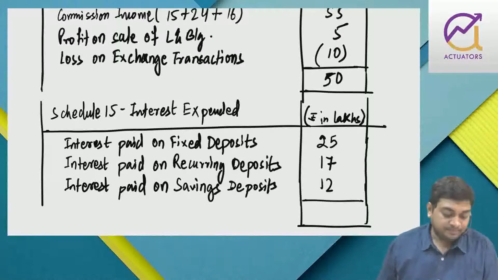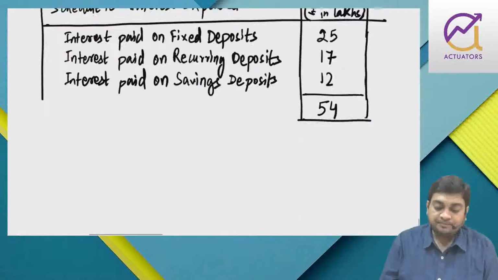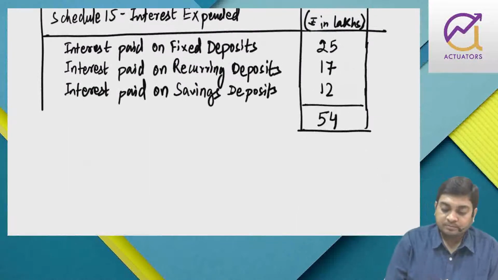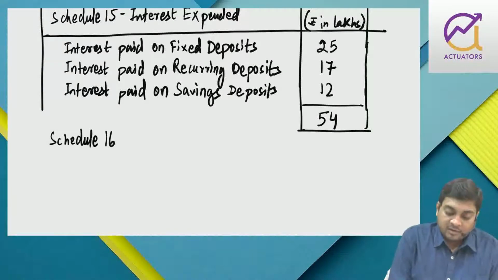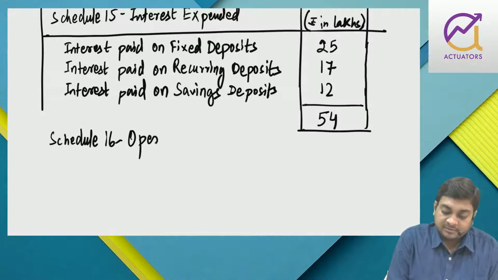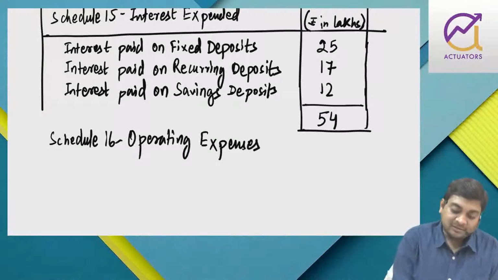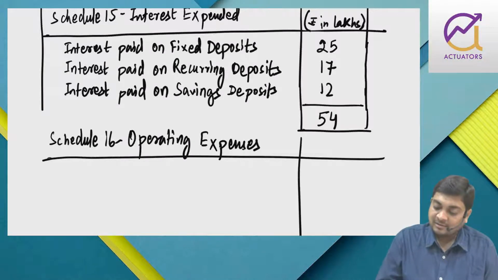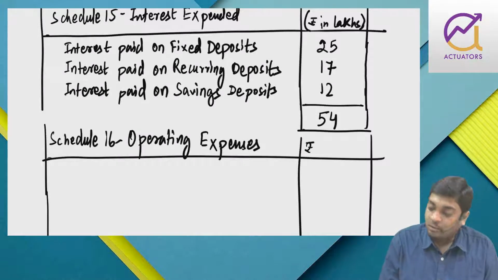Right? We have 54. Schedule 16, rupees in lakhs. Put up everything.